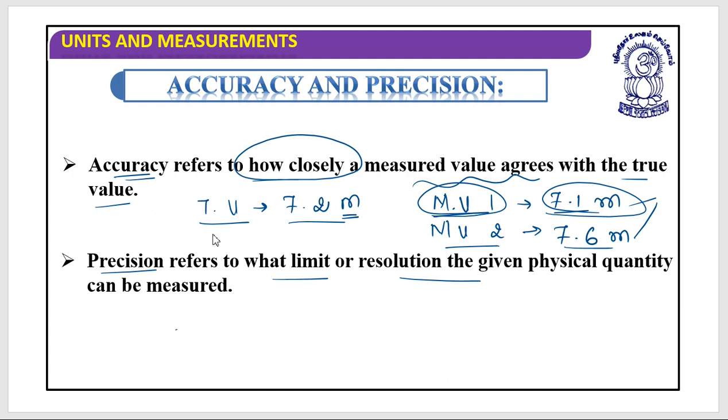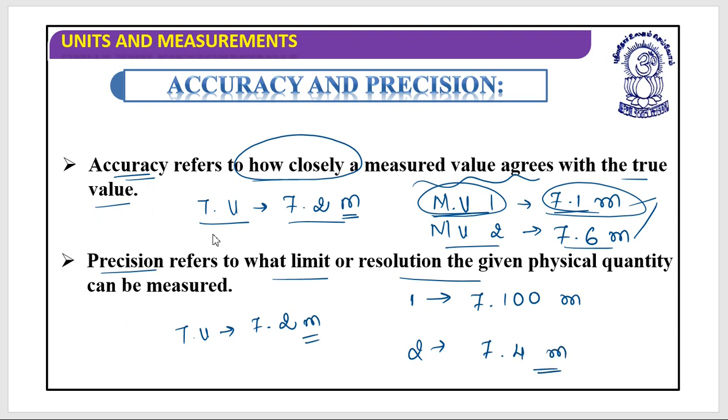Let's move to precision. Let's suppose the true value is 7.2 meters. Again, take the same example. We have measured this value with two different instruments. One observation I get is 7.100 meter, while the other says 7.4 meter.